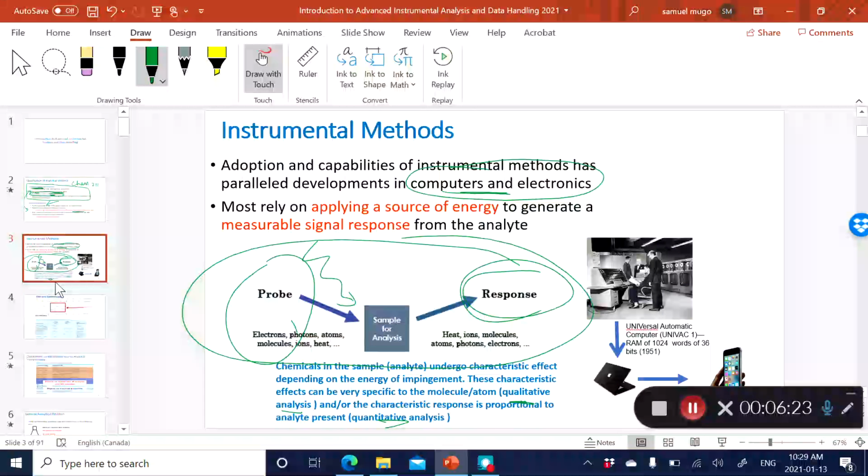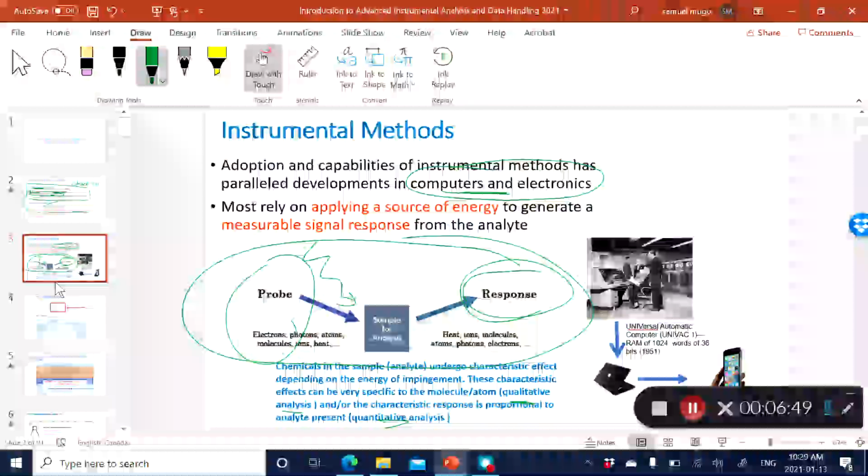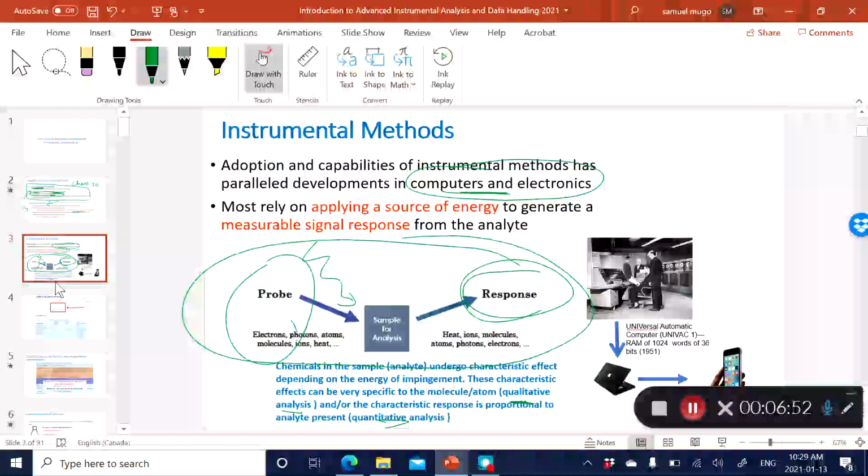Those electrons, for example, can be completely dislodged from the chemical, and that is called ionization. Or they can undergo things like vibrations that you can measure. And all that gives rise to different types of instrumental methods. So I hope that's clear. You can use different types of energies, and all of them lead to different types of instrumental methods.